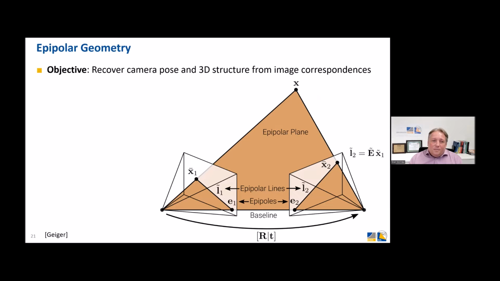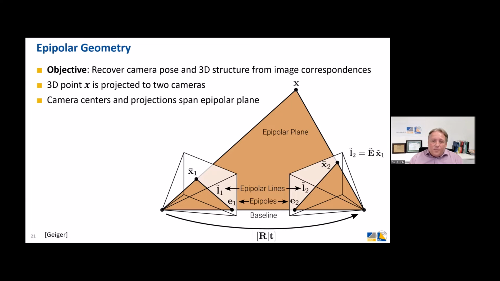If we have such correspondences now, where we have the same world point projected to different cameras, we can span an epipolar plane. Because if we see this world point from one camera, we cannot know how far away it is.